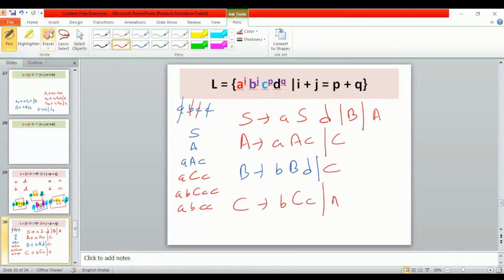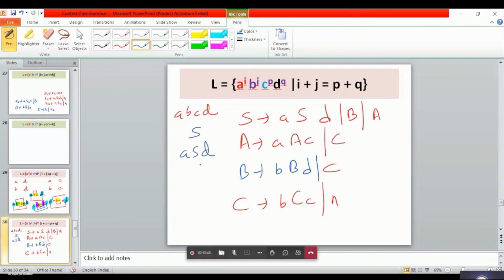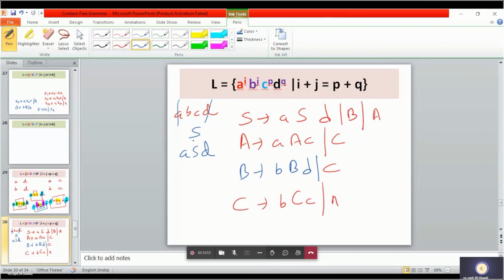Similarly, if we want to derive another string, we can derive a string like A, B, C, D. Let us have this. So we'll start with S. We'll replace with A, S, D. So we got A and D. Now we'll replace S with B, C. So directly from S, we can select either A or B, anything.